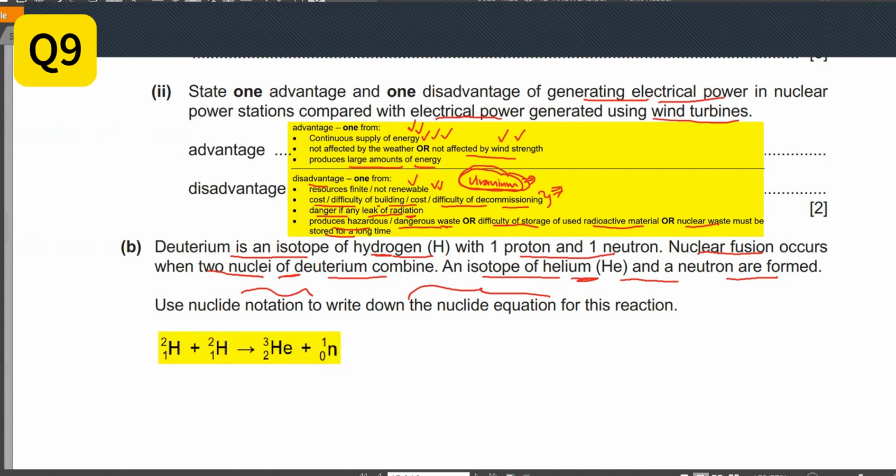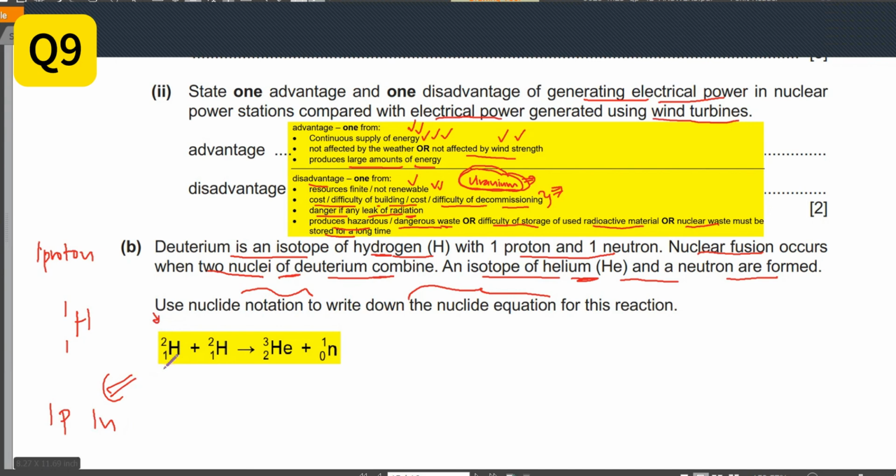So we have deuterium. Hydrogen is one proton only, but deuterium has one proton and one neutron. So the mass number is 2.